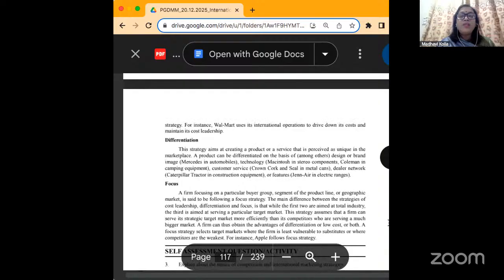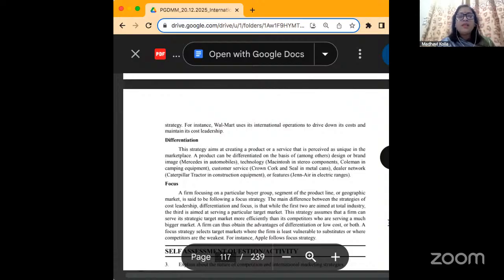The second one is in terms of differentiation. As the very word implies, differentiation is how unique you are in the marketplace. So what is your product offering that can be easily differentiated either on the basis of design or brand image? For example, Mercedes in automobiles, or technology, for example, Macintosh in stereo components, Coleman in camping equipment, maybe a MacBook in terms of a computer.